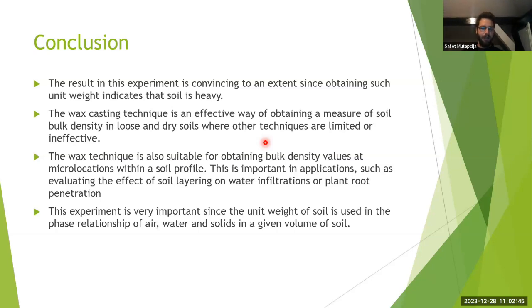So every kind of soil, depending on where it is, has a different optimum water content ratio. For example, it can be 12%. And that number means that your compaction is going to be best at that water content ratio.